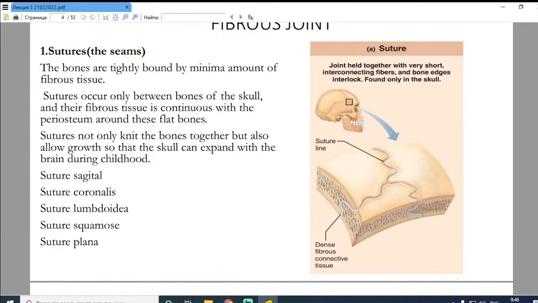Sutures occur only between bones of the skull, and the fibrous tissue is continuous with the periosteum around the flat bones. Sutures not only knit the bones together, but also allow growth, so that the skull can expand with the brain during childhood.